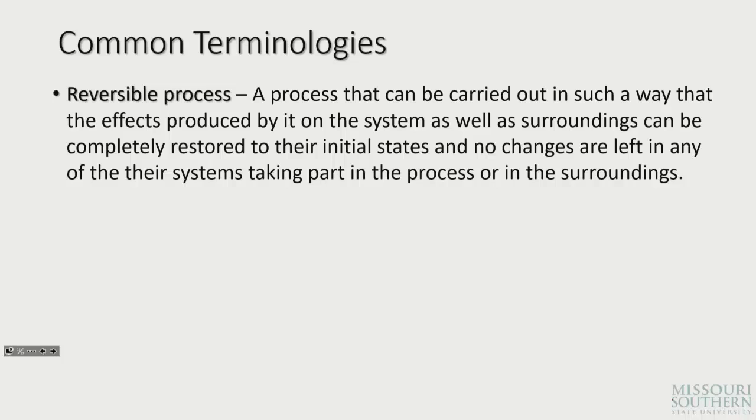In a reversible process, the system passes through a succession of equilibrium states or states that differ from equilibrium only infinitesimally. Such a process must take place slowly in a controlled manner. If a process does not satisfy these conditions, then it is irreversible.